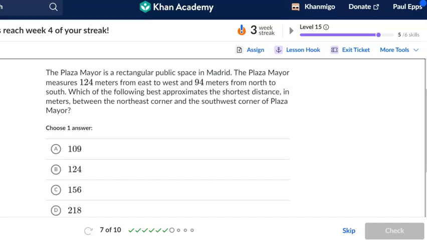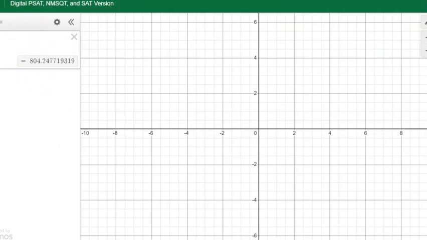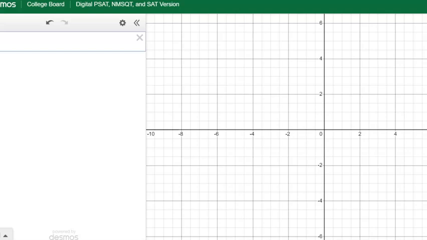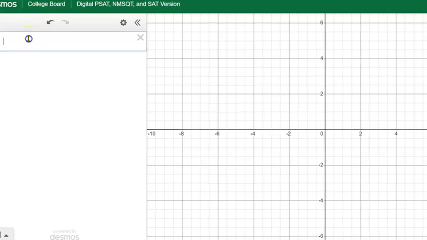Let's do the calculator. 124 and 94. Okay, that over. Let's say 124 squared plus 94 squared, and take the square root. And what did I do wrong there?